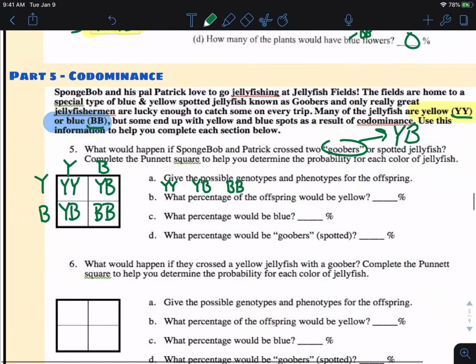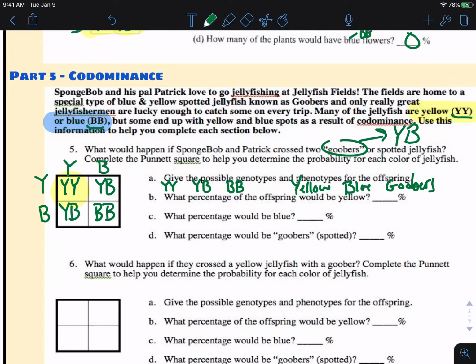What are the possible phenotypes? Well, YY would give us yellow, BB would give us blue, and YB would give us goobers. So all of them are options. Now what percentage would be yellow? In this case, how many of these are YY? 1.